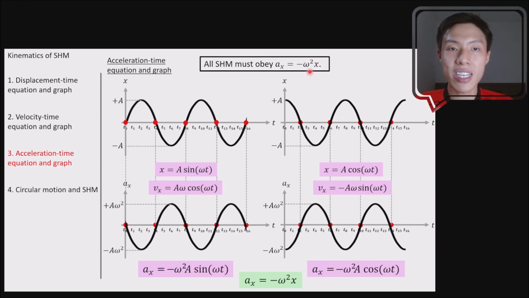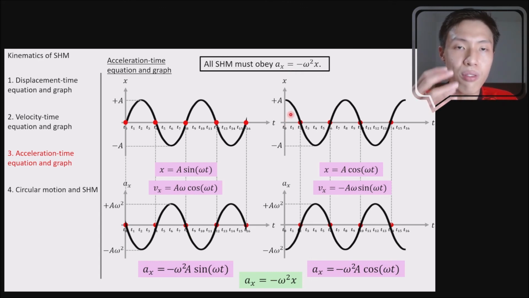Okay, but what I'm saying is that the relationship here must be obeyed, in which the acceleration is directly proportional to the displacement and they have opposite sign. Okay, this is the relationship and this relationship must be obeyed. So this is the criteria. We can think of it as the criteria we discussed earlier.